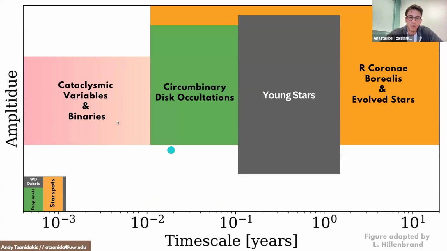But in reality, when we're looking at the sensitivity of what we can probe with ZTF and with Rubin, we're going to be looking at relatively large amplitude dimming events, and the timescales are going to be between something like days to years and a whole decade, really. When you look at this diagram, you can see that there's a lot of complicated things going on that also exhibit these dimming events.